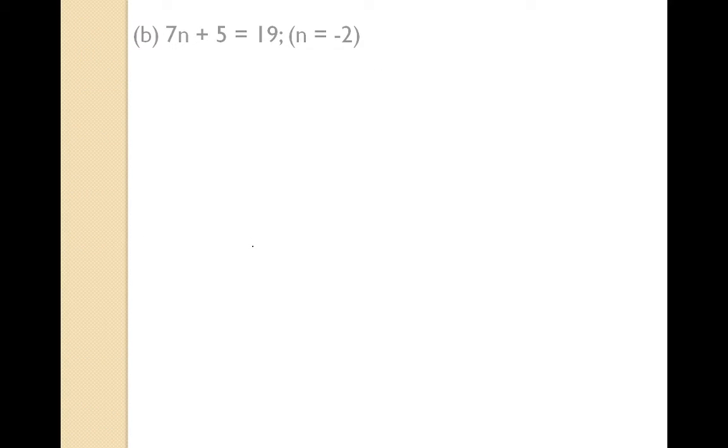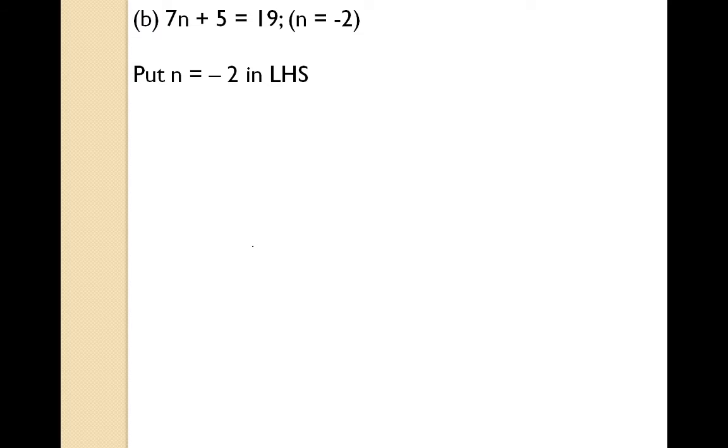Now the second, 7n plus 5 is equal to 19 and we have to substitute the value of n, that is negative 2. So we have to put n is equal to negative 2 in LHS. So LHS is equal to 7n plus 5 and after substituting the value we get here 7 into negative 2 plus 5. Okay, 7 2s are 14 and positive negative becomes here negative 14 plus 5.